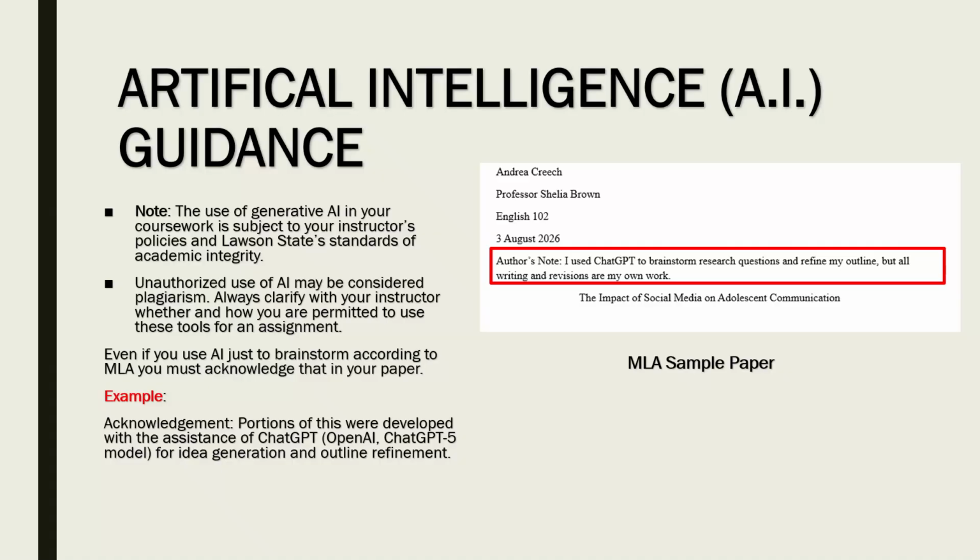As the statement reads, portions of this were developed with the assistance of ChatGPT, OpenAI, ChatGPT-5 model for idea generation and outline refinement. Always choose transparency to protect your academic standing.